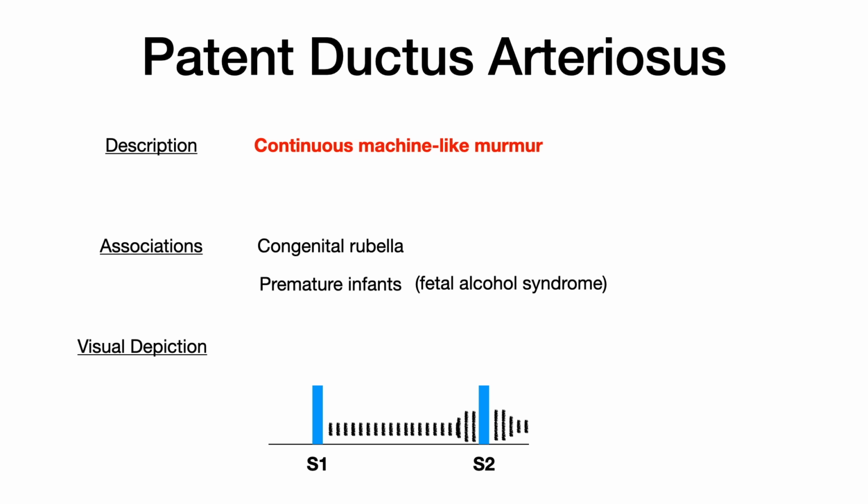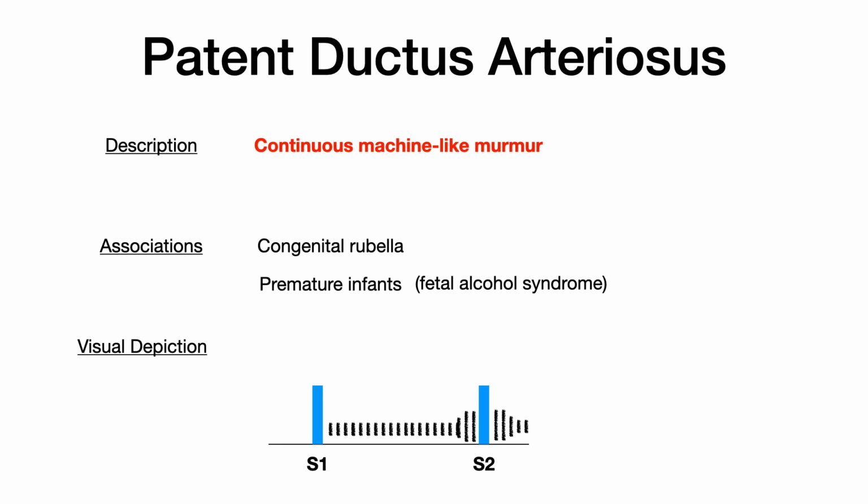So anything that causes premature infancy can cause a PDA, but classically on exams, it's either fetal hydantoin syndrome or fetal alcohol syndrome. Rarely it could be due to the trisomies, so you want to remember that Down syndrome and other associated trisomies can also cause a PDA. But again, think congenital rubella and your premature congenital diseases.